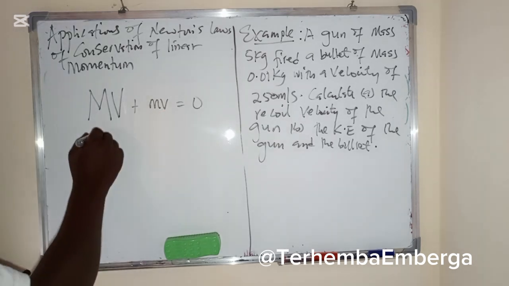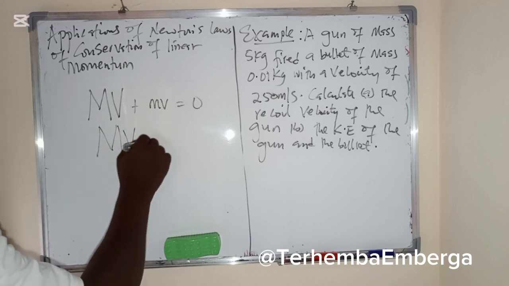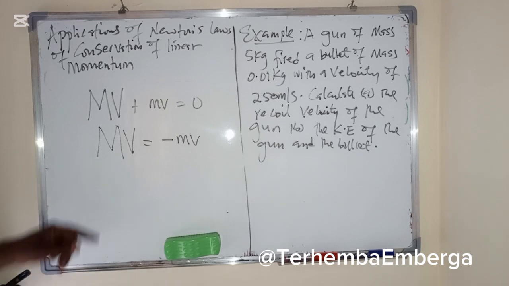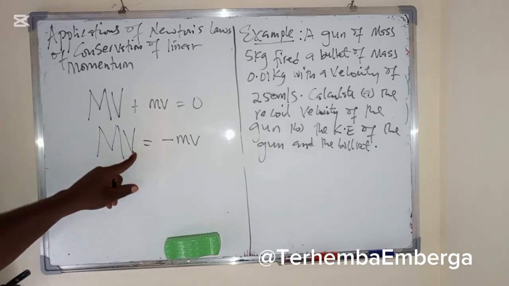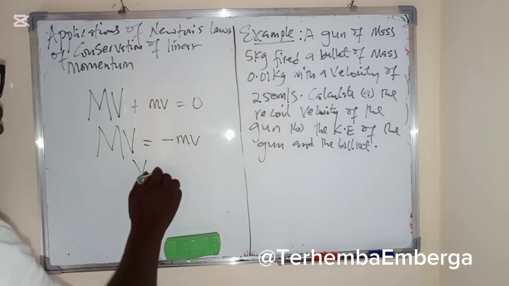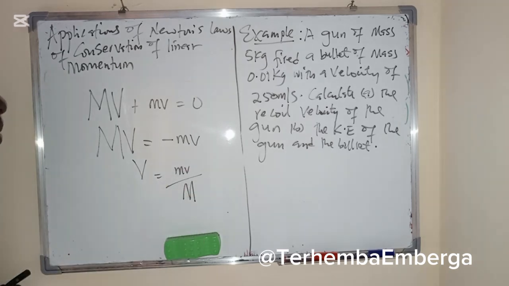So we can write this as MV equal to minus mv. By the time you make the capital V the subject, we have that V will be equal to minus mv all over capital M.